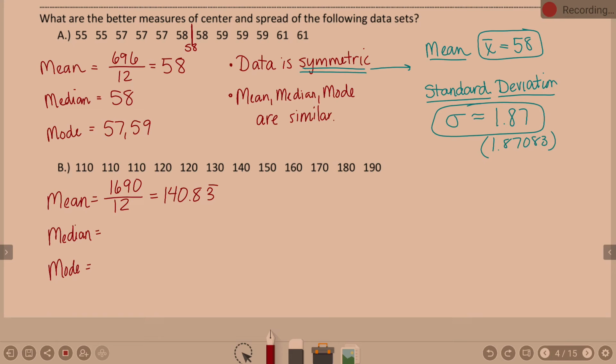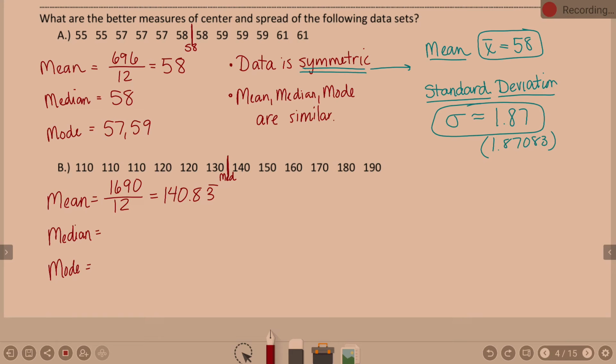What about the median? Okay? So 1, 2, 3, 4, 5, 6. I'm going to say you must be telling me when we count in 6 numbers. Isn't that what you said? Oh, okay. So you count in 6 each way, you land between 130 and 140.